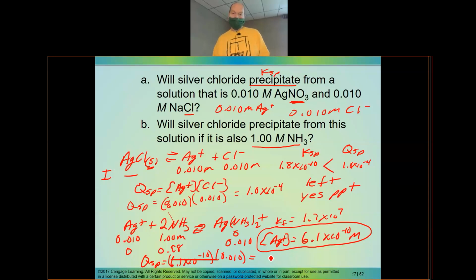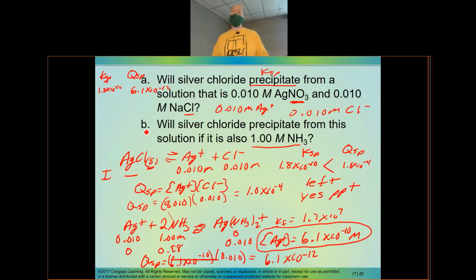So now our QSP is 6.1 times 10 to the minus 12. So now when we compare our KSP to our QSP, K is a constant. It is 1.8 times 10 to the minus 10. Now we have calculated our QSP to be 6.1 times 10 to the minus 12.